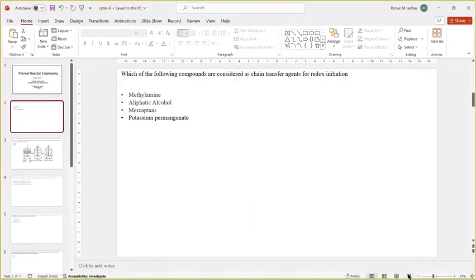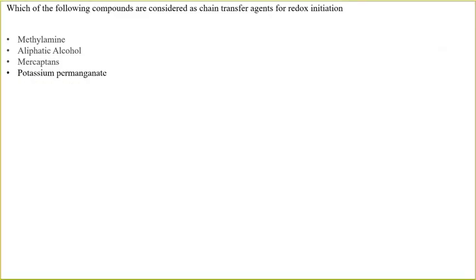Okay, then. Starting from the first question: which of the following compounds are considered as chain transfer agents for the redox initiation process? First of all, what are chain transfer agents?